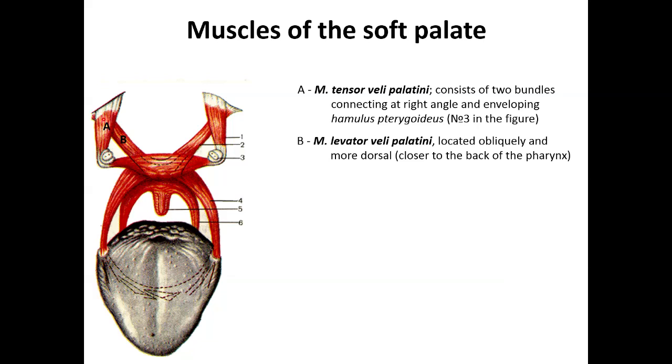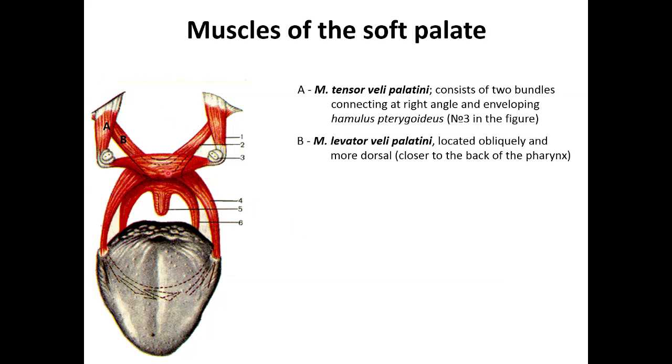The position of these two muscles is close to each other, but tensor is anteriorly localized and levator posteriorly.